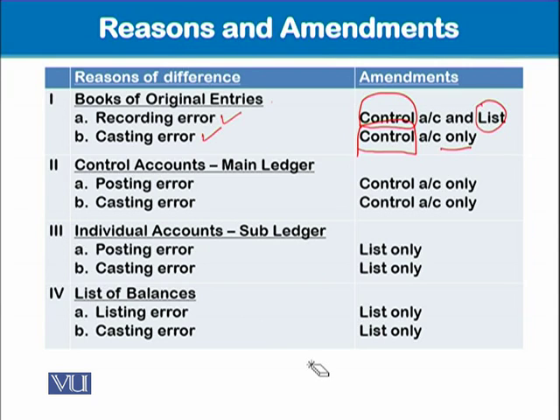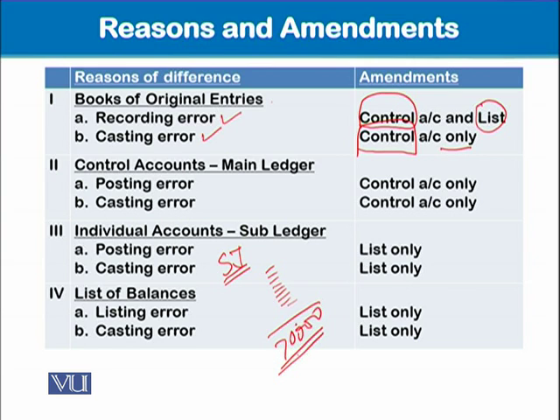The next issue is that the control account that we were maintaining in the main ledger has a posting error. Supposedly, the total of the sales journal, having so much information, was 70,000. Okay, correctly totaled.